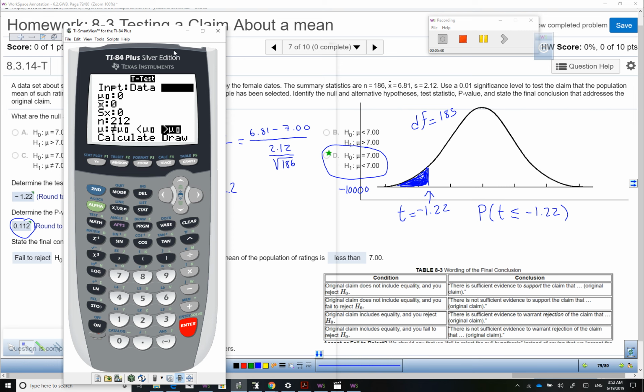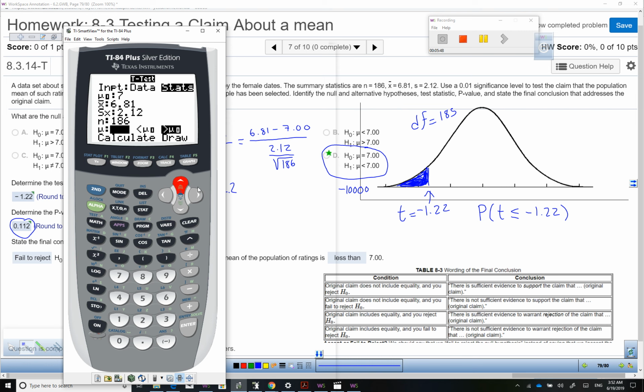So first of all, I need to input the value of the mean on the null hypothesis, the assumed value, which is 7, the sample mean, which is 6.81, and the sample standard deviation, which is 2.12, the sample size, which is 186, and the mathematical symbol on the alternative hypothesis, which in this case is less than.